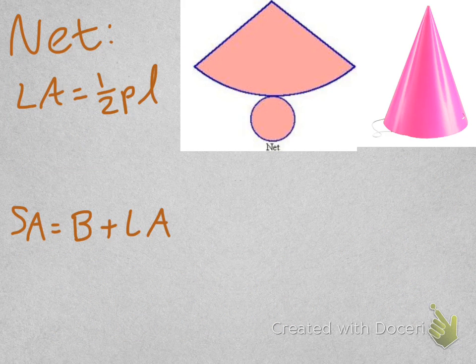One thing that a lot of students have trouble with is picturing the net. And even when I tell you that this is the net, a lot of you don't believe me. So I encourage you to get a birthday hat cone, as pictured here, and cut it and open it up and see what it looks like.